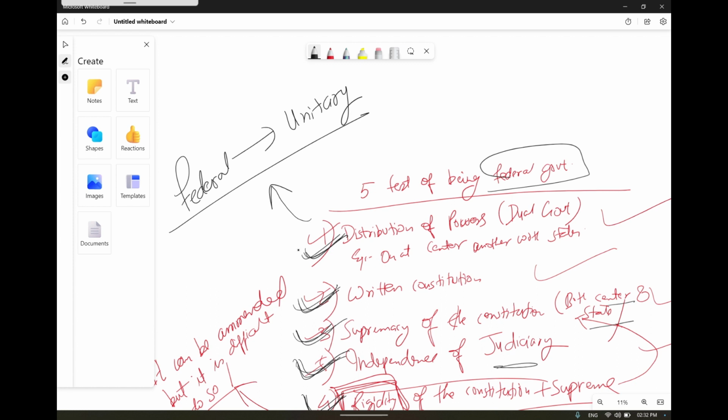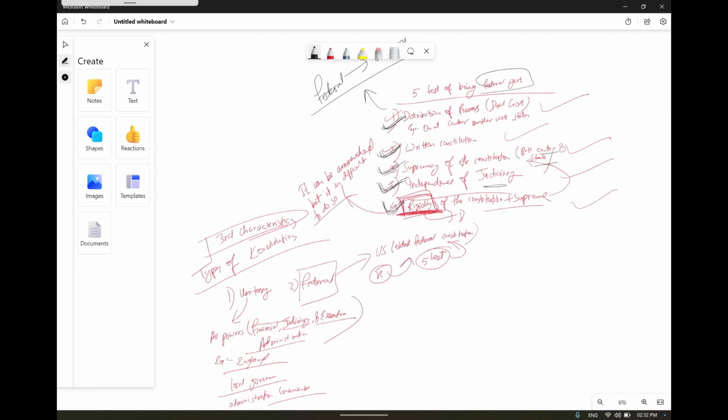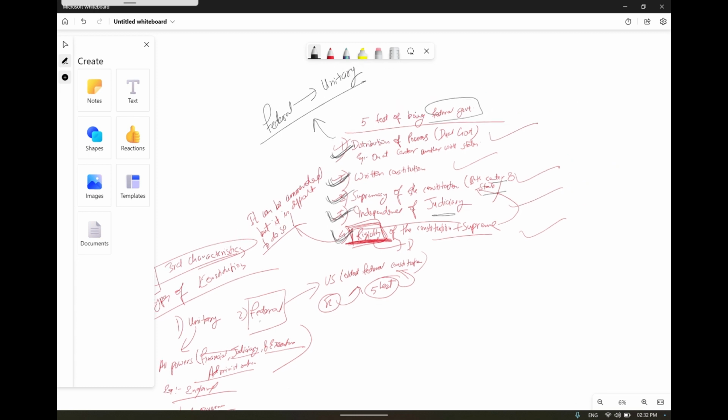Okay, now here is the problem. As I told you, as a third characteristic, one is called unitary and the second is federal. Unitary is where the center is always there, ruling the country. Federal is where, if we want to tell whether a country is federal or not, we have to pass the 5 tests of a federal government.